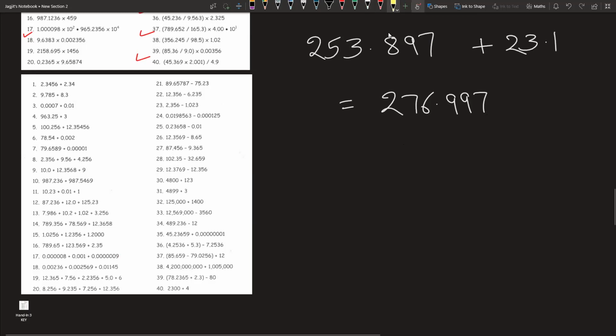So we need to see the numbers after the decimal for both the numbers. 3 numbers after the decimal on this. We have 1 number after the decimal. So my answer should only have 1 number after the decimal. So this will actually become 276.9, now you would make this, it will get rounded up. So this will actually become 277.0. That's how you would write 1 number after the decimal. Do you guys understand that?